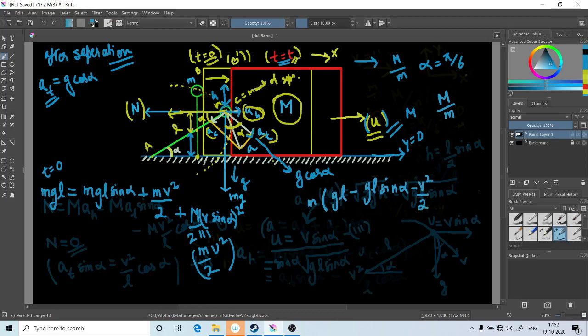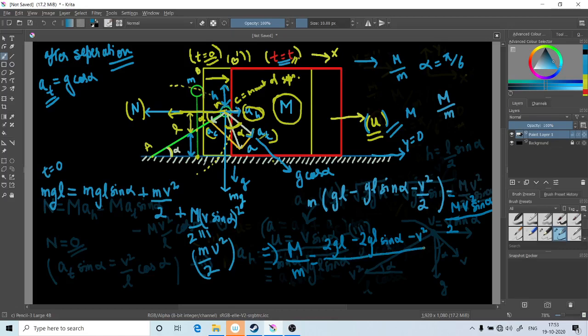V is the velocity of the load m, equals m v square by 2 sine alpha, which equals mv square by 2 sine alpha, which equates to m by m equals 2gl minus 2gl sine alpha minus v square divided by v square sine square alpha.